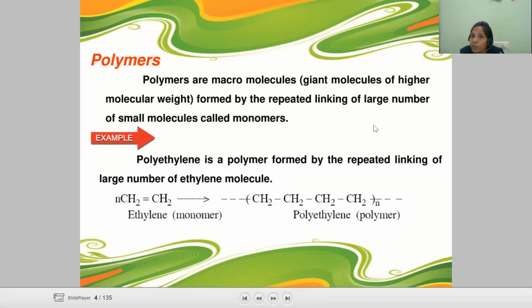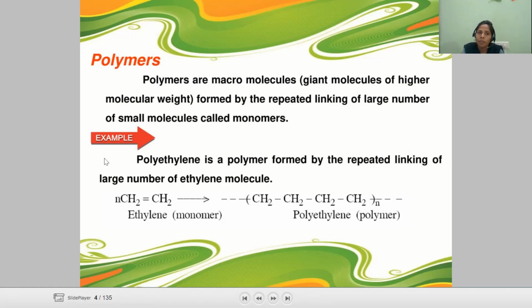A single unit is a smaller molecule. Polymers are the macromolecules which are formed by the repeated linking of a larger number of smaller molecules. These small molecules are called the monomers. That means by linking a number of monomers, we get the polymer. That is the definition of polymer.